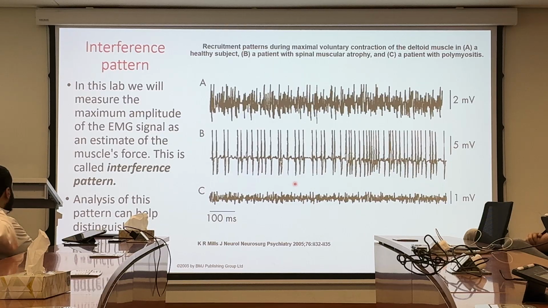It has decreased. So this is a myopathic problem. It tells you here, polymyositis, whereas B is a neuropathic problem, a muscular atrophy, or a neuropathic problem. And that's how you use this thing.